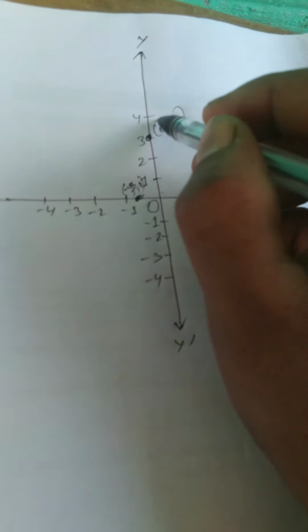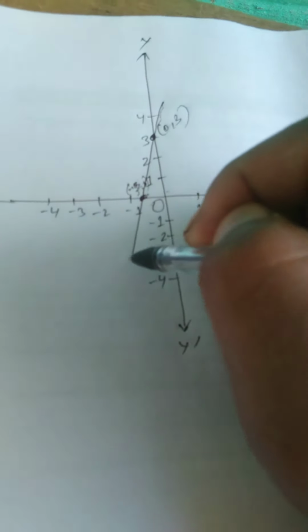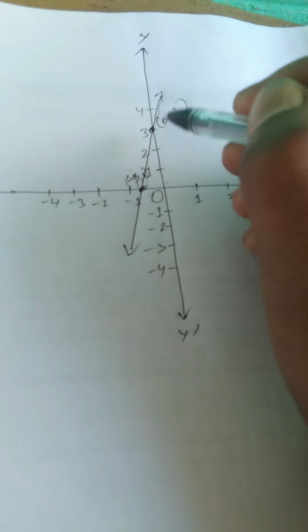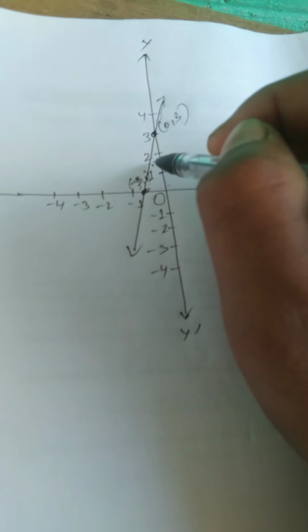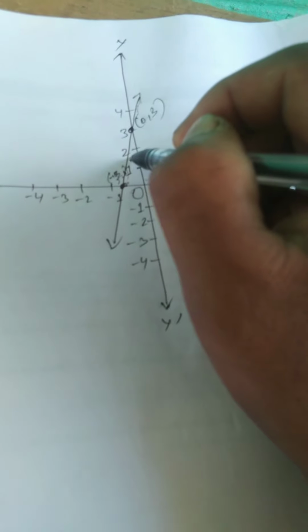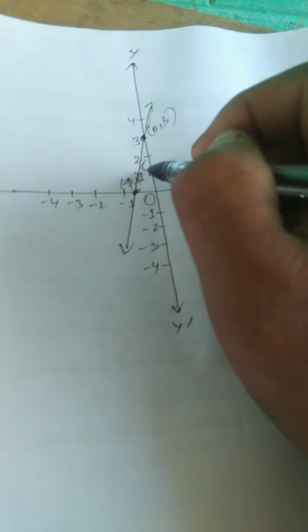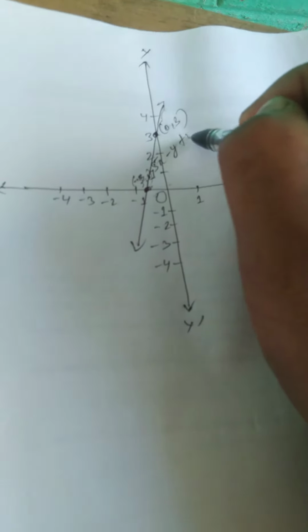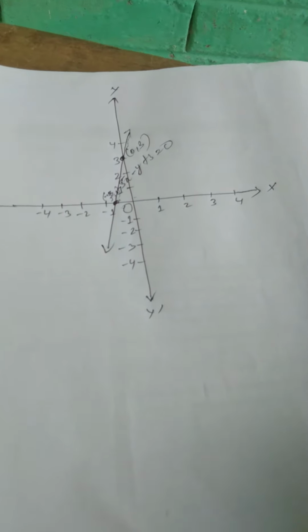So connect these two points, and this will be the graph. This graph is shown by which equation? 5x minus y plus 3 equals 0.